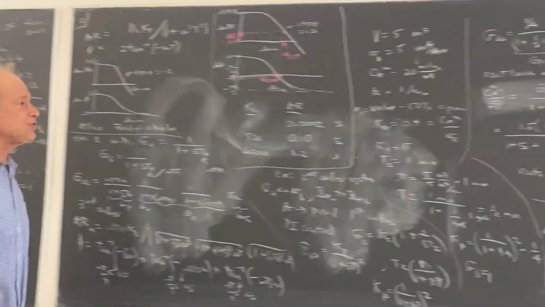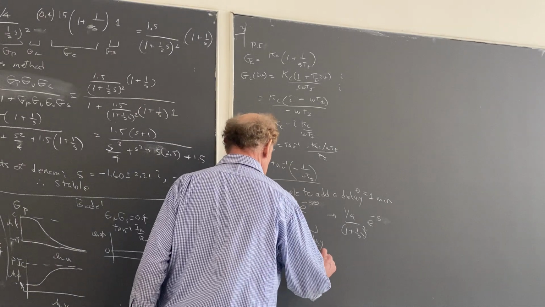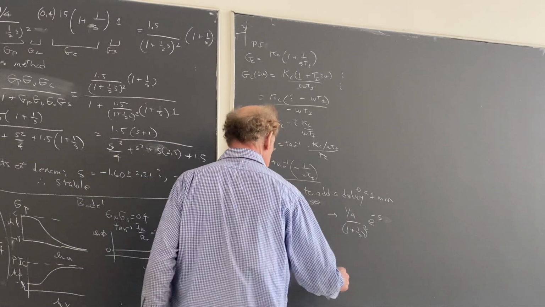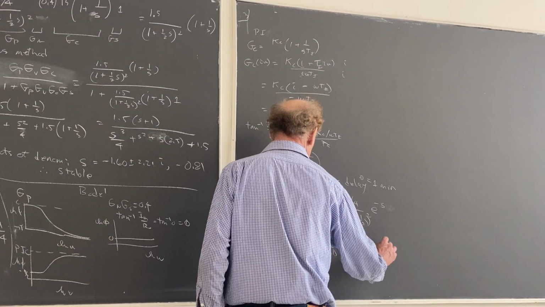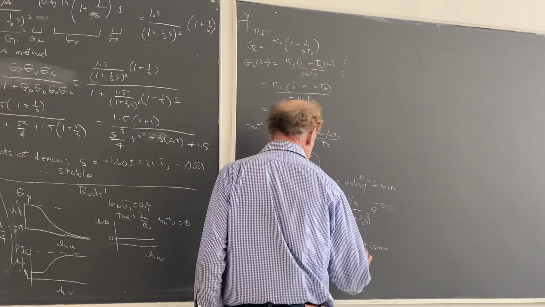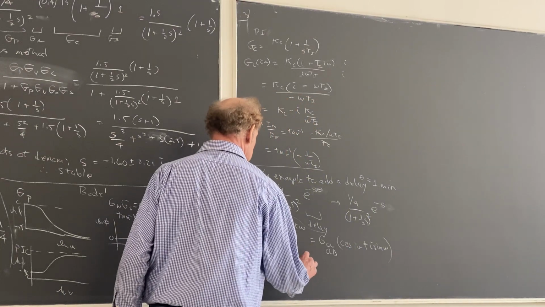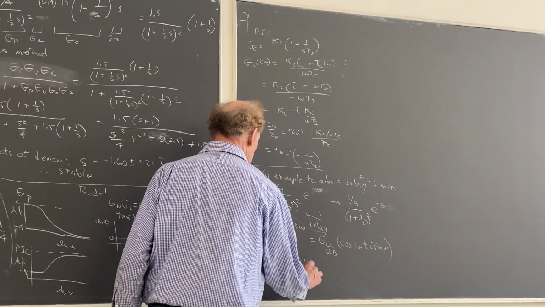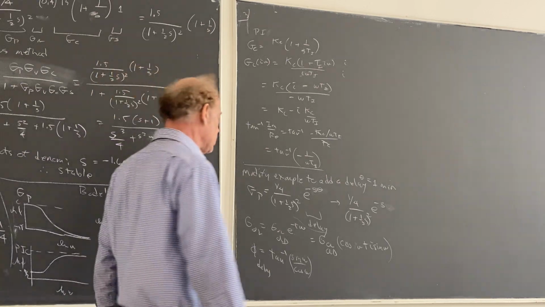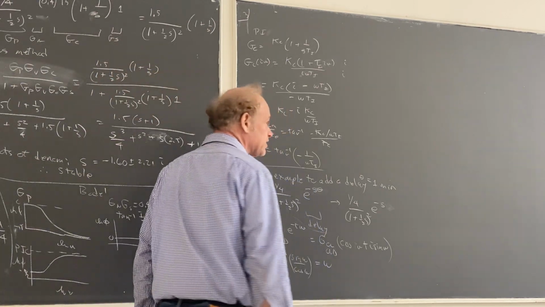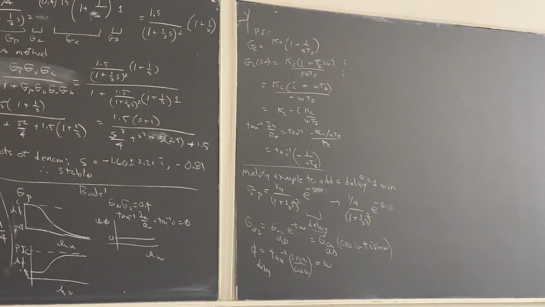So that's the arctangent of the imaginary part of this. This is, of course, G open loop old times the cosine omega plus I times the sine of omega. So it's the arctangent of the imaginary part, which is the sine of omega, over the real part, which is the cosine of omega. The arctangent of the tangent is just omega. Of course, I can add any number of factors of pi I like, but let's just keep this simple.